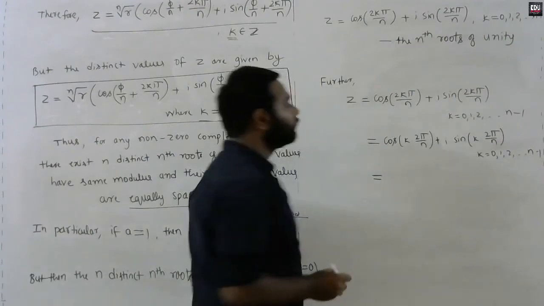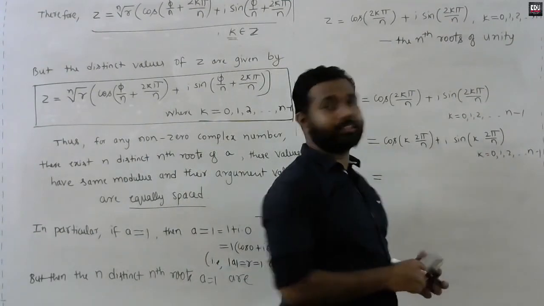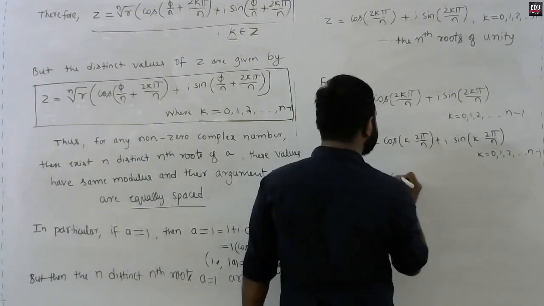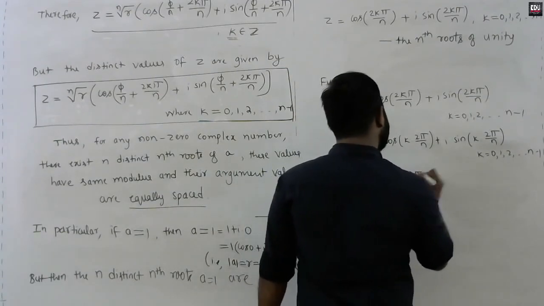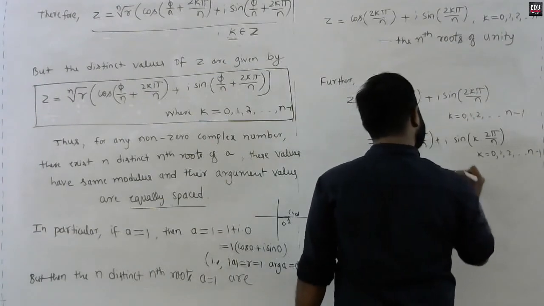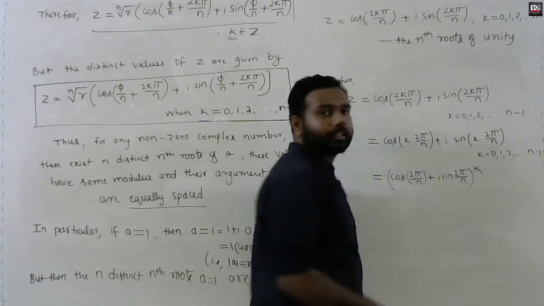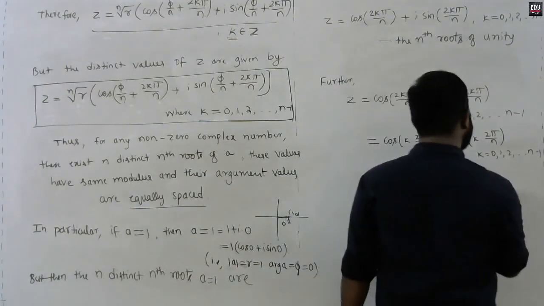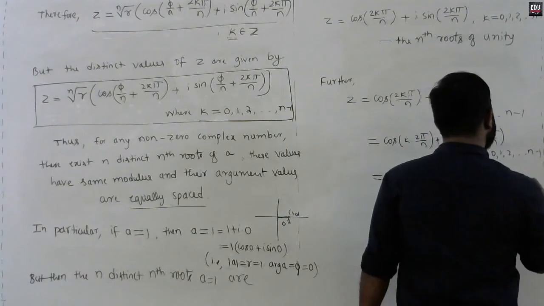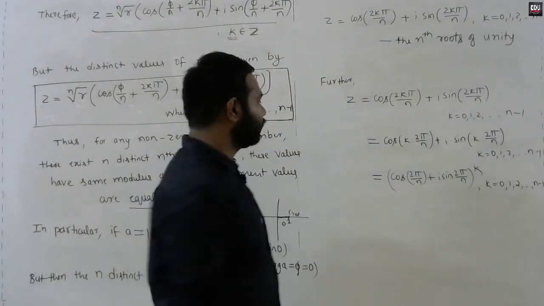It is of the form cos k theta plus i sin k theta. So by De Moivre's formula it is (cos theta plus i sin theta) whole power k, for the k values 0, 1, 2 up to n minus 1.